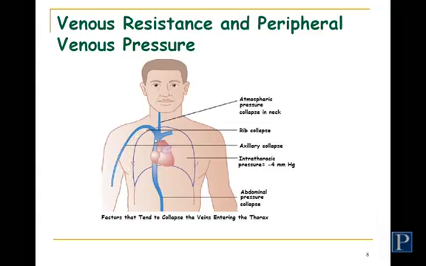If that pressure gets too high, that pressure actually will be transmitted back to the capillaries, which are thin-walled. And if that happens, you can have edema that forms, leakage of fluid out of the capillaries, and edema can develop in the lower parts of the body, which may happen under a few circumstances.